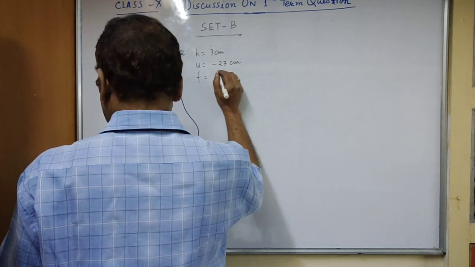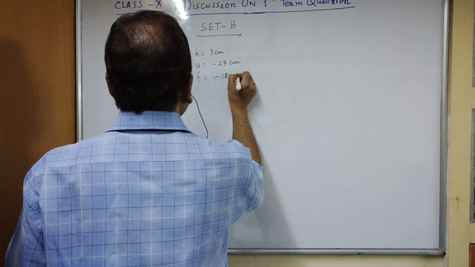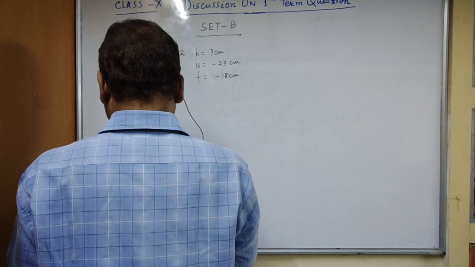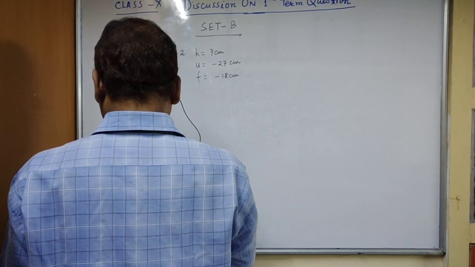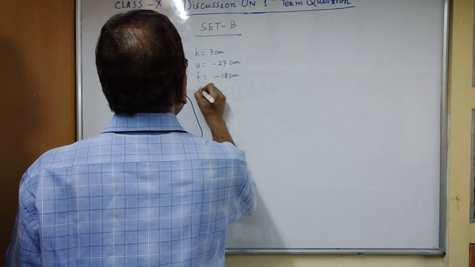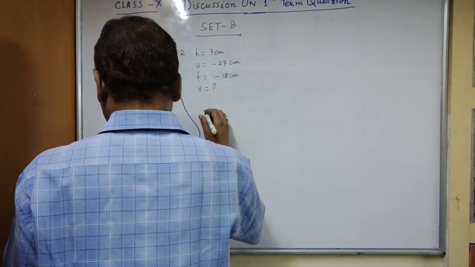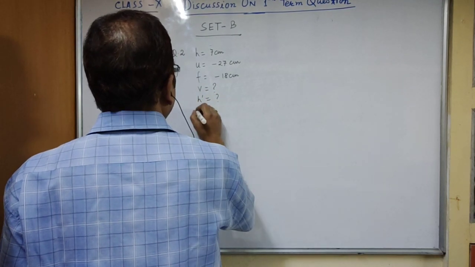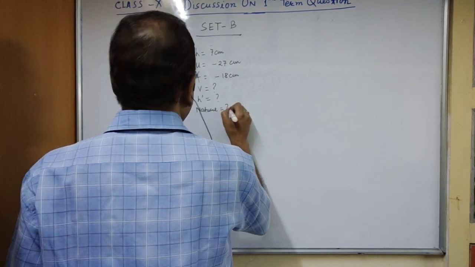Focal length of concave mirror is also negative, so it is minus 18 centimeter. At what distance from the mirror should a screen be placed so that a sharp focused image can be obtained? It means you have to calculate v and size and nature also. It means h dash is also a question mark, and then the nature of the image.